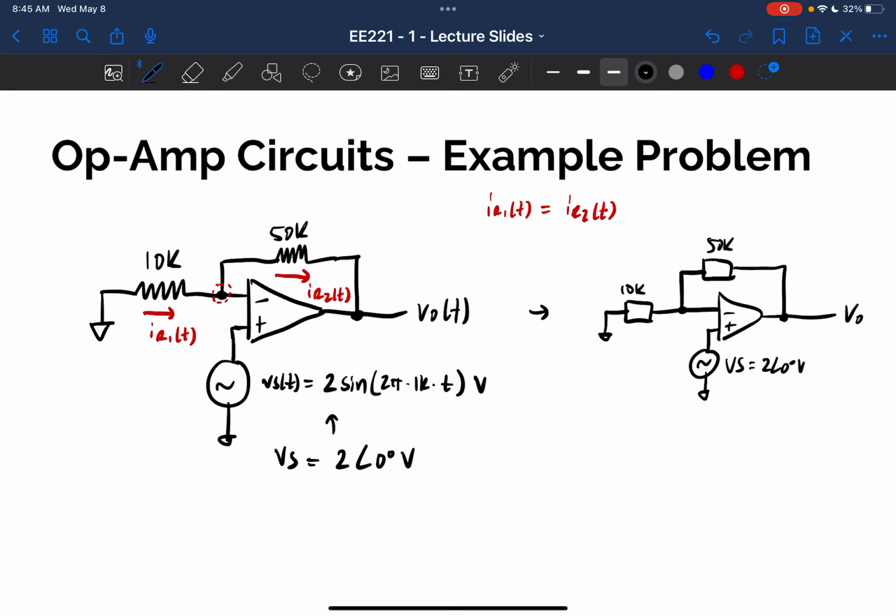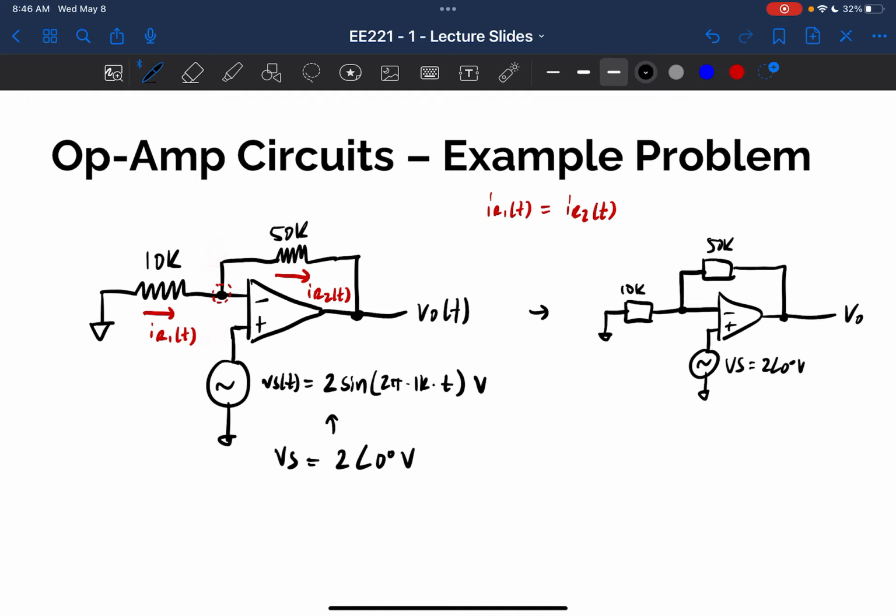So anyways, if I were to write the current across the 10K, I would write, and note, there's something important to note here, that because these two terminals, again, are the same, this node is no longer 0 voltage. This node is going to have this voltage appear at that node, okay?